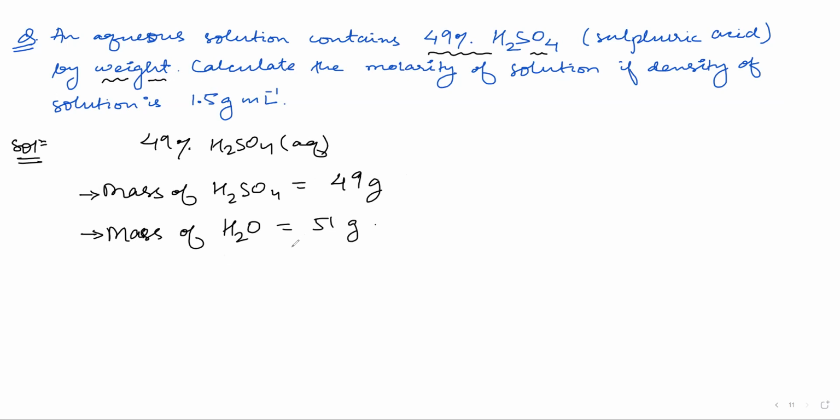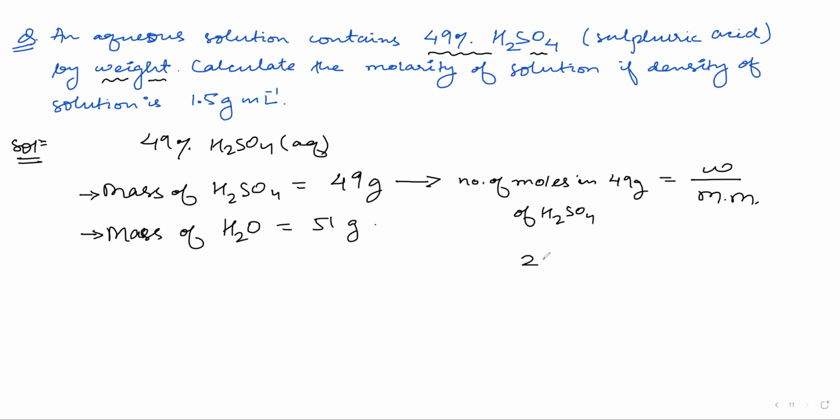The mass of H2SO4 is 49 gram. So from mass of H2SO4, this is the solute, we have to calculate the number of moles in 49 gram of H2SO4, which will be the given mass divided by the molar mass. For calculating the molar mass of H2SO4, 2 into hydrogens, sulfur, then 4 into oxygen.